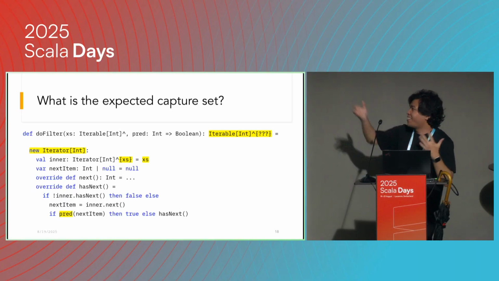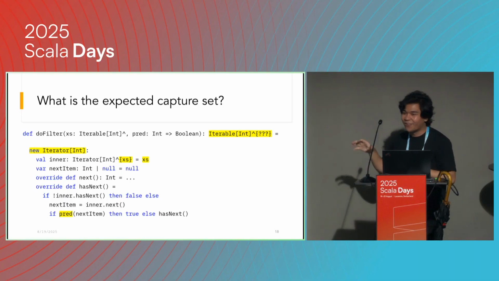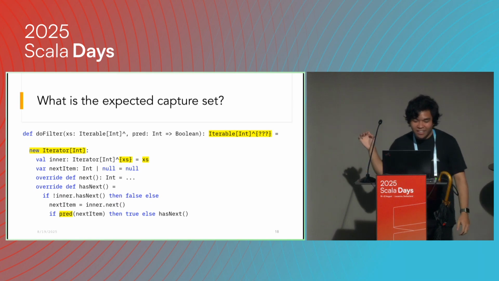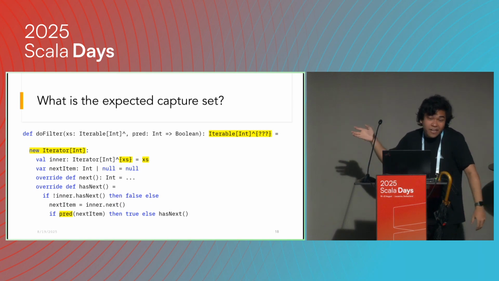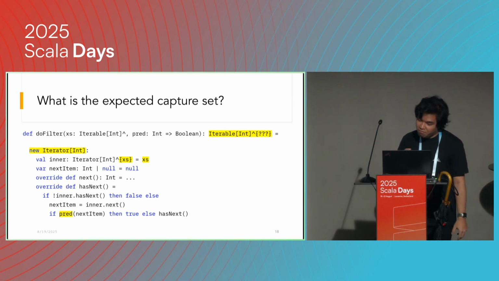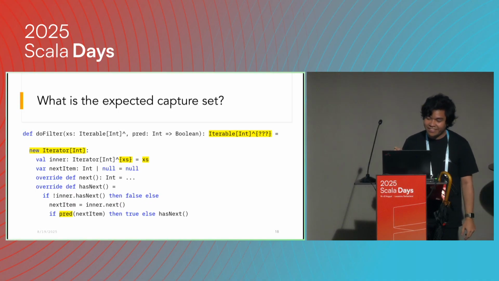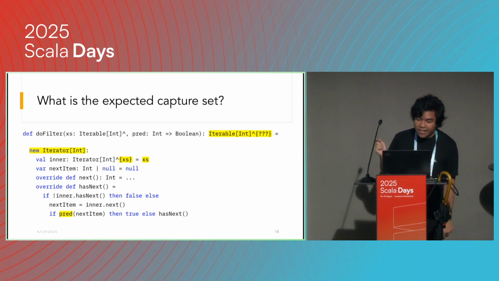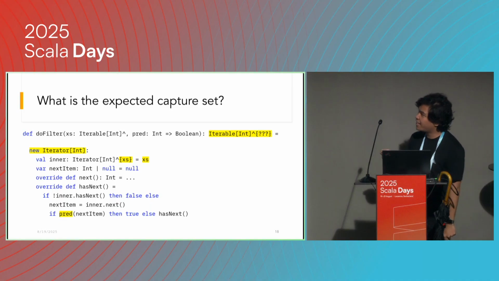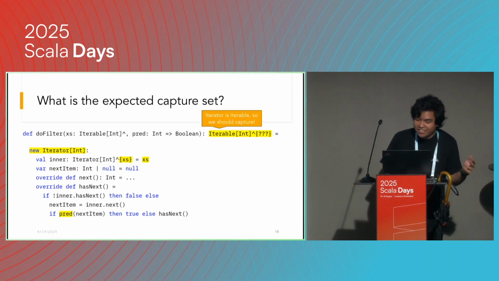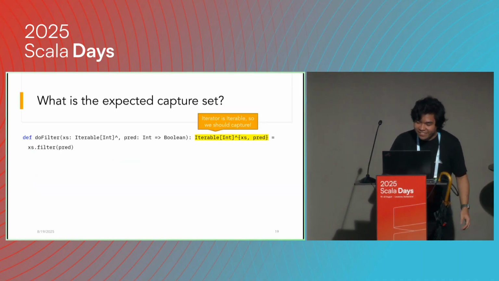So I'm going to unfold the implementation here so we can actually see what's happening. We create a new iterator. It mentions xs in its val, and it mentions the predicate in its definition of hasNext. So it makes sense that the implementation is going to capture both of them, right?